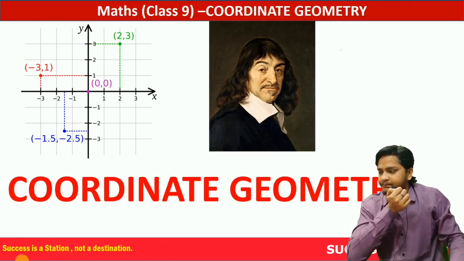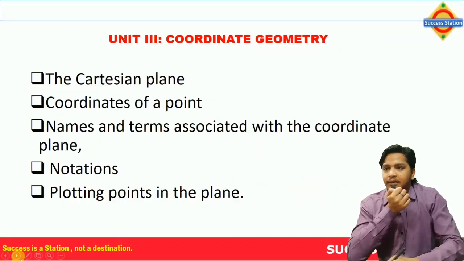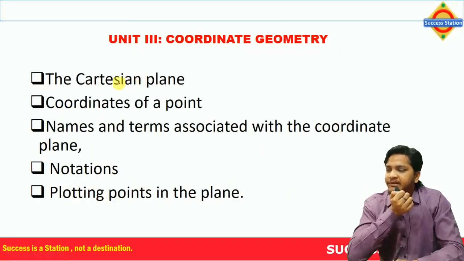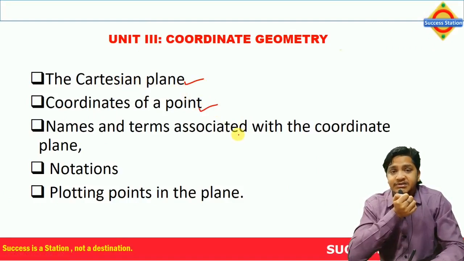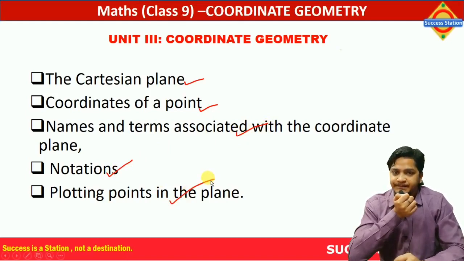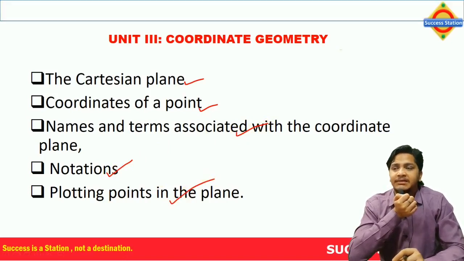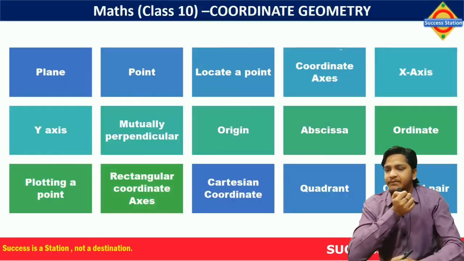So firstly, the things that you have to read in this chapter are Cartesian plane, coordinates of a point, names and terms associated with coordinate plane, notations, and how to plot points. These are the main things that we learn in this chapter. Okay.